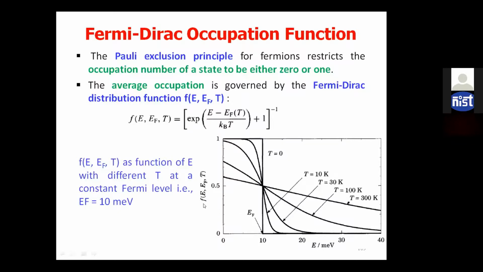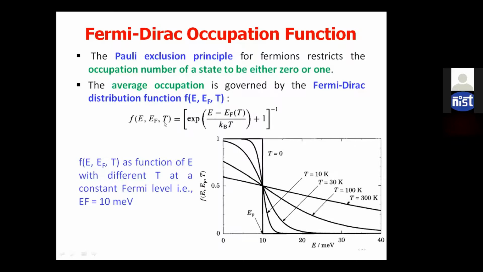That means the average occupation is governed by the Fermi Dirac distribution, which is equal to e to the power (E minus EF) by kBT plus 1, the whole to the power minus 1, that is 1 by that. So this Fermi Dirac distribution is a function of energy and Fermi energy along with temperature.